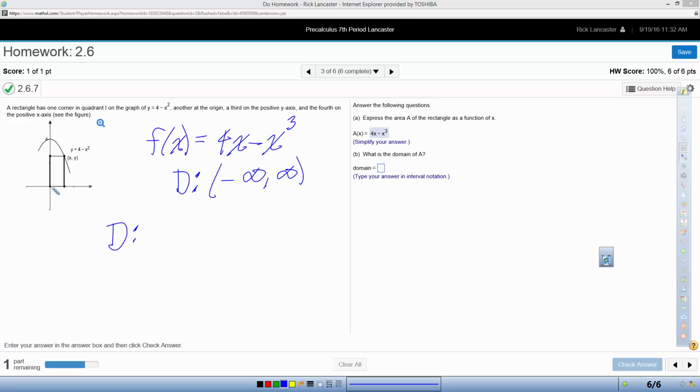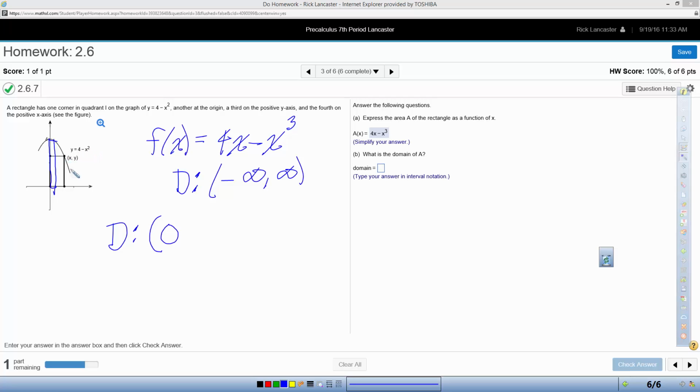So if I had x equals 0, I couldn't even have a rectangle. So I'm going to put a parenthesis to signify that this is an open interval. So I can't quite be 0. I could have a very tall, skinny rectangle without much area that would look like that. Okay, now if I go 4 minus x squared, when would that equal 0? Well, the answer to that is when x equals 2, because 2 squared is 4.